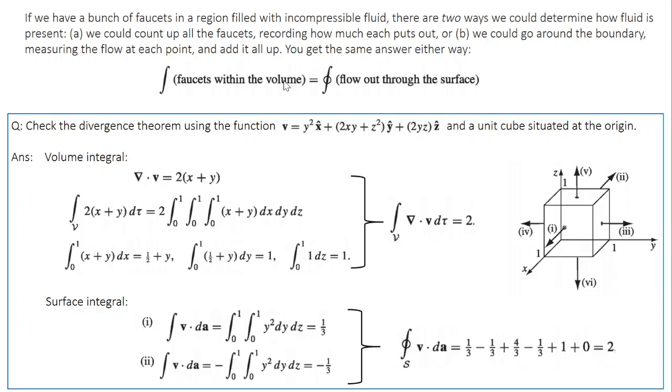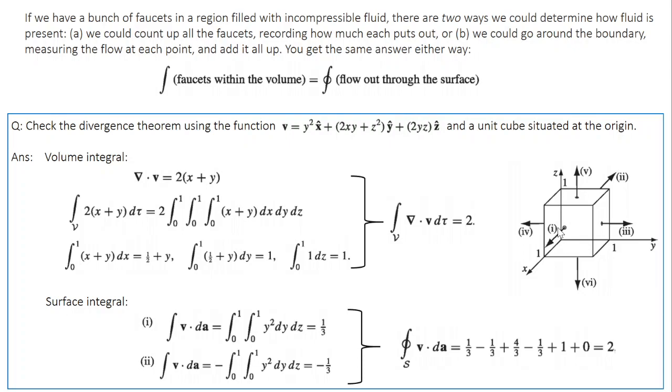You can also calculate the total amount of water by looking at the flow of water from each of these taps through the boundary surface. So you go to each boundary. At each point you calculate the flow of water through this boundary. So you calculate water flow at the first point, second point, all the way to the final point. Now you do this for all the boundary surfaces.